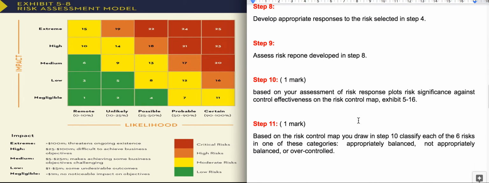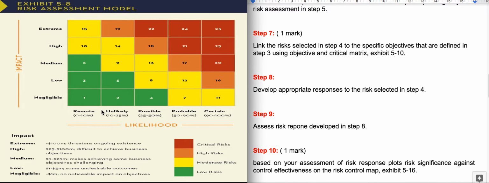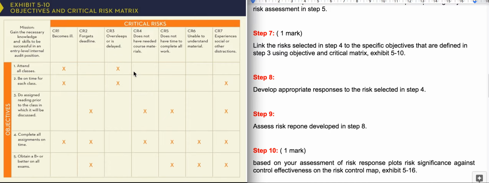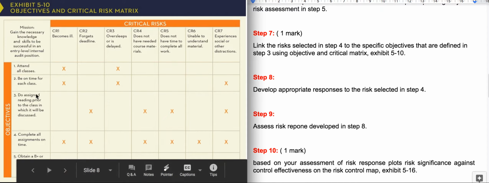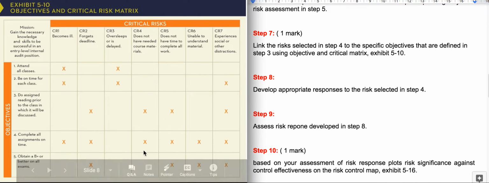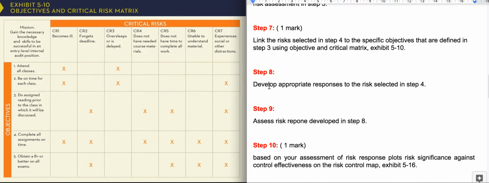Okay. To do so, it's good to use the objective and critical risk matrix that is provided in this chapter. Here you put the 6 critical risks you have identified. You put the goal or the objective of the process, and then you mark some of these, for example, like this. Okay.